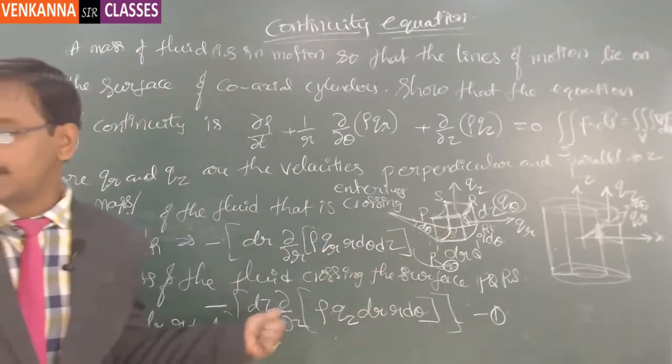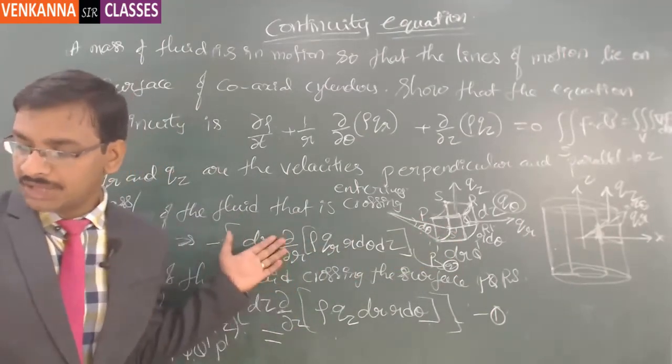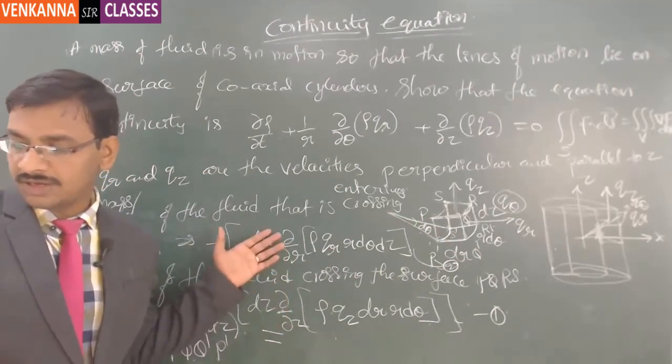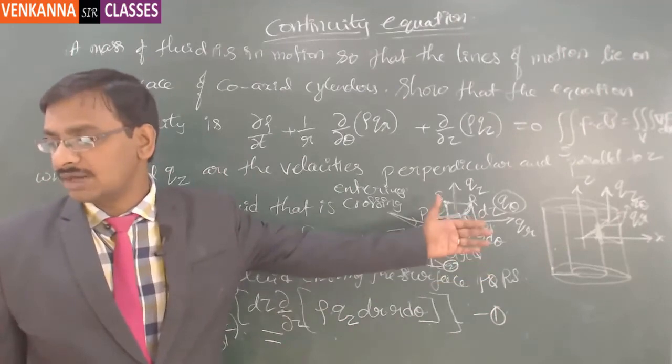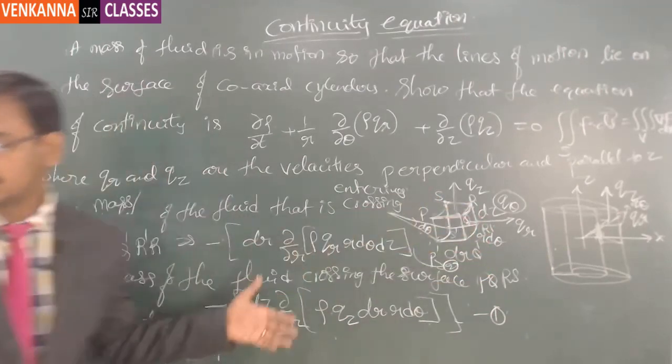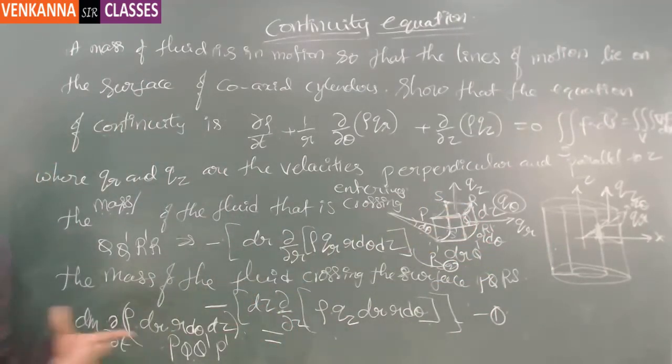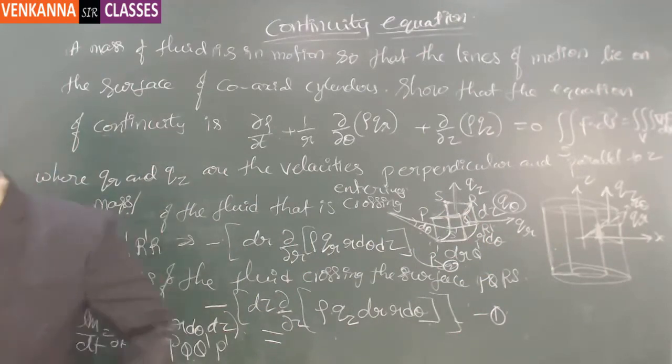If all 3 directional flows are happening, you need to add those for this one and this one together. You need to add the fluid motion crossing the other surfaces, and all 3 together should be equal to the rate of change of mass. That's it. Clear?